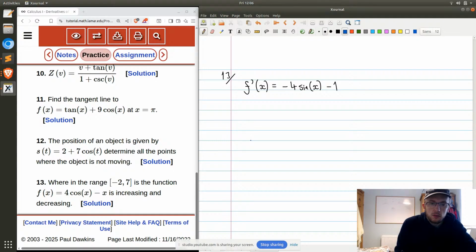Okay, so because that range is quite close to the origin, I think you can just graph it. Or is that the best way to do it?